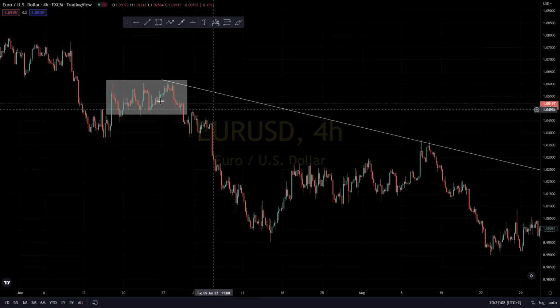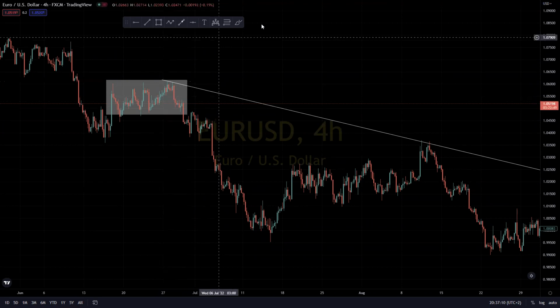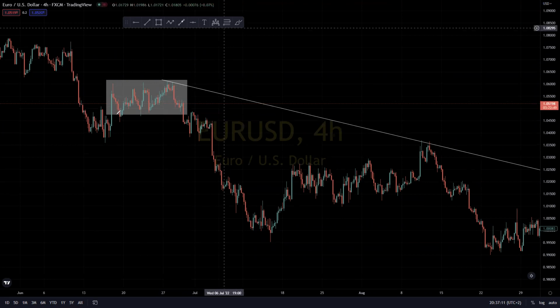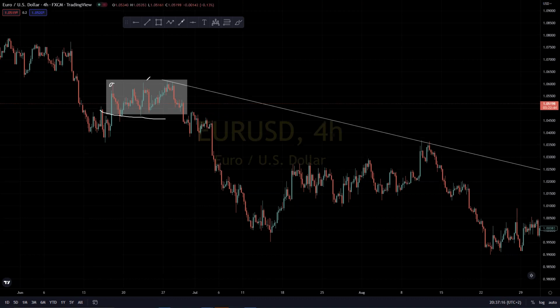The moment the market broke out of this ranging structure, which had equal highs and equal lows, it started creating a series of lower lows, lower lows. Remember, in a downtrend the market creates lower lows, lower lows, lower lows. It went back, made this range with equal highs and equal lows.